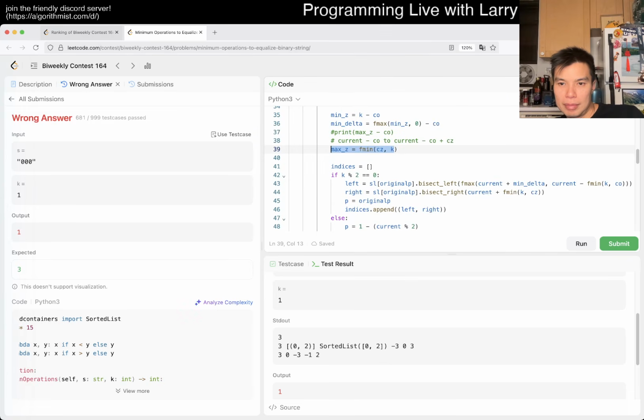Am I going the wrong direction? No, this is going plus. Going down is actually going to be 0, right? So, yeah, no, I just suck at math.